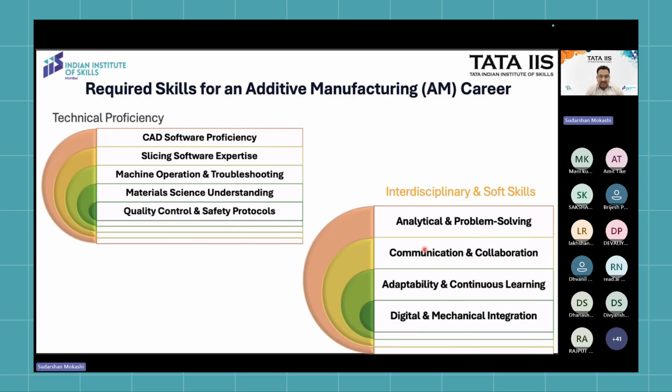You also need to know about materials, material properties like mechanical and chemical properties, and also quality control and safety protocols. Apart from that, communication and collaboration, these soft skills are also required. So this is all the skills you require to enter the additive manufacturing field.